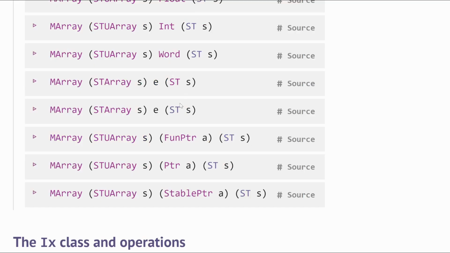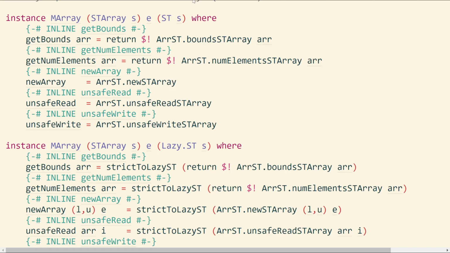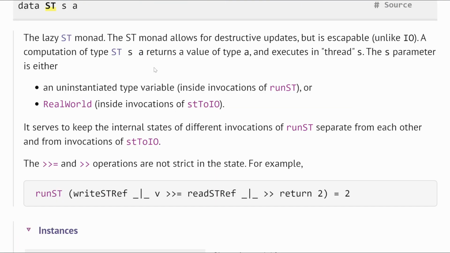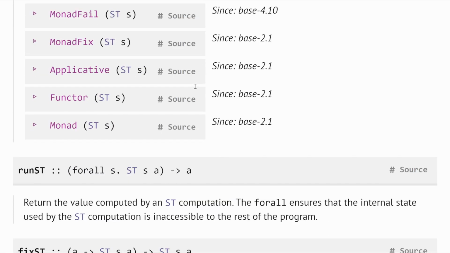The trick is that one of them is lazy ST and the other is strict ST or something. I don't know what the difference is there. So this one is ST lazy and ST. So the lazy ST monad, what's the difference?